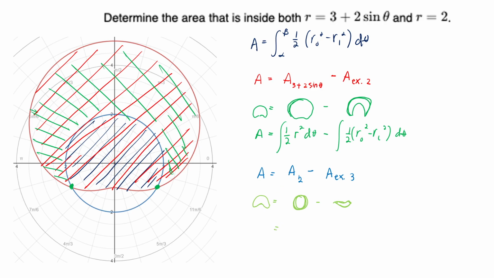And again, you have the same formula, you're going to use the single curve formula. And then the next one, let's say you don't know the value for the area coming from example number 3, so it's 1/2, alpha to beta, of r outer squared minus r inner squared d theta.